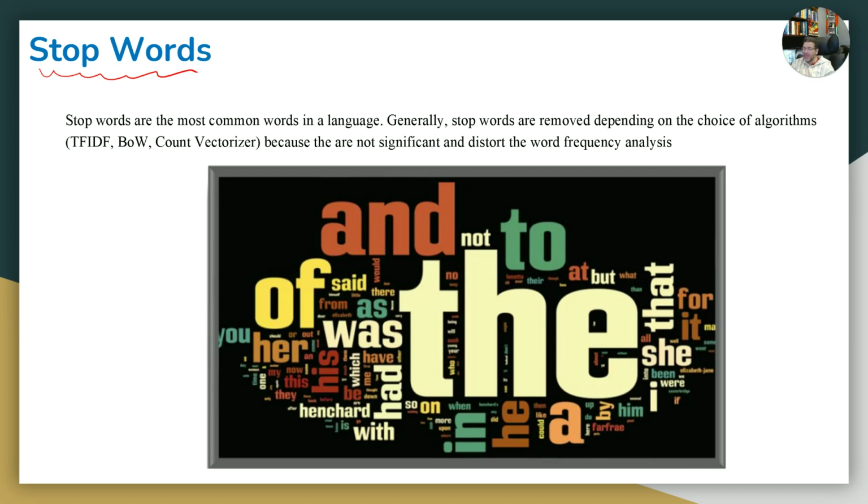Why do we need to keep something that wouldn't add any value to your analysis? And also common words, like where, when, how many. These are common words. We need to remove them. They don't have any value. And of course, some words that you might feel might not add value, you might need to remove them.